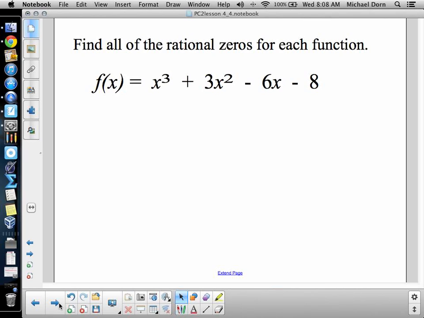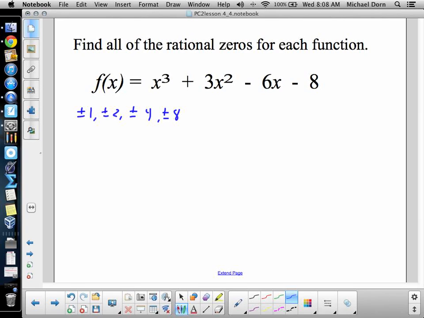Not that fractions are bad, it's just that they're harder to work with. So my possible roots are plus minus 1, 2, 4, or 6, no, factors of 8, sorry. 4, and 8. Those are my possible roots. I only have 8 possible roots.